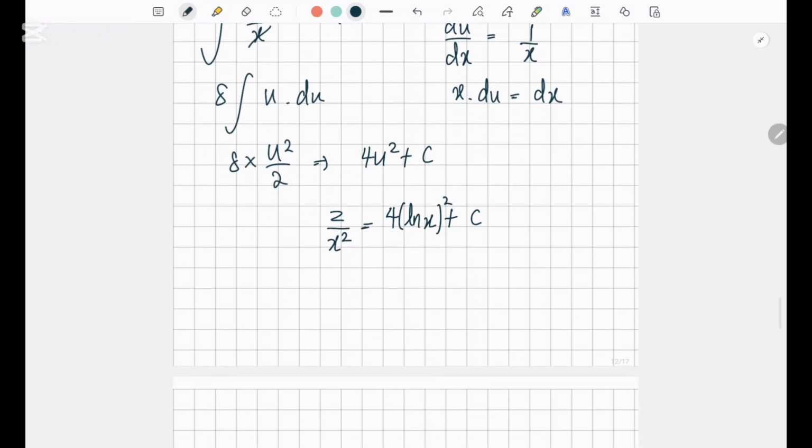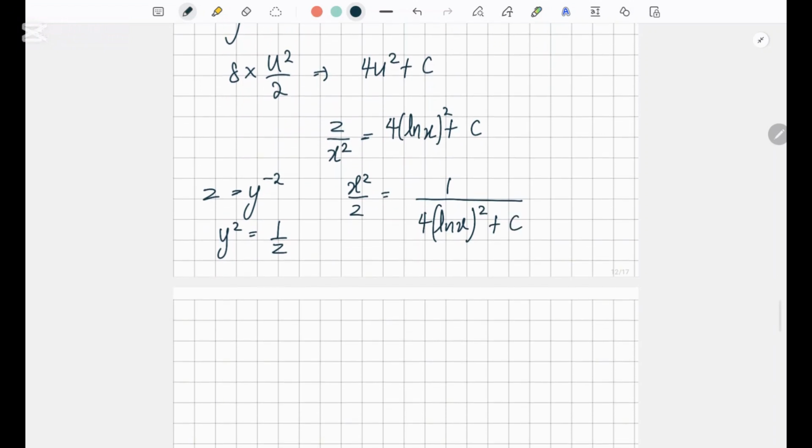Okay, now we know z equals to y to the power minus 2. That was given at the start of the question. So you could rewrite this as y squared equals to 1 over z, right? Now you could write x squared over z equals to 1 over 4 ln x squared plus c.